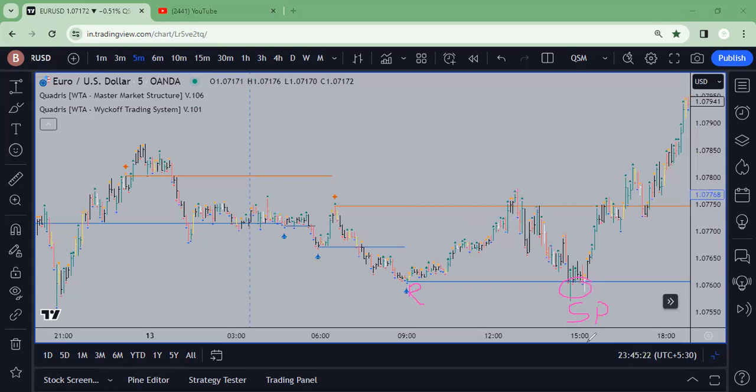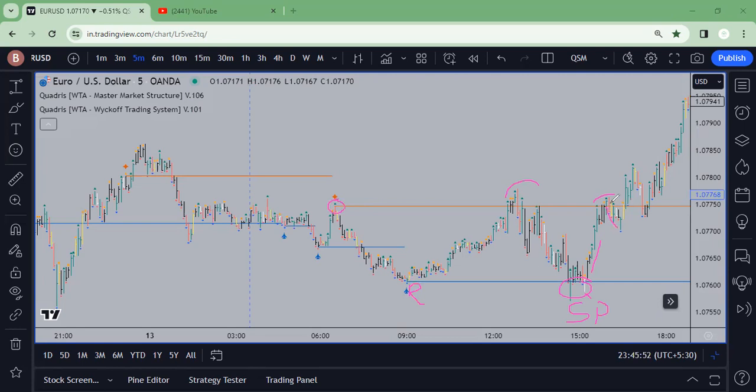Being a Wyckoff trader, you might know about spring and upthrust. If you don't know about this, you can enroll for my course, wherein I train people in Wyckoff principles. Having said that, we have a beautiful lift off after no supply. Market went upwards, again testing the same areas.